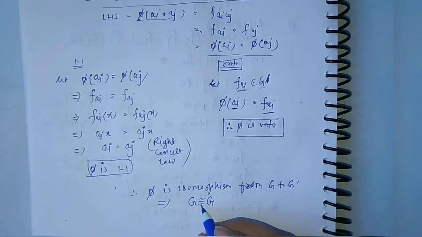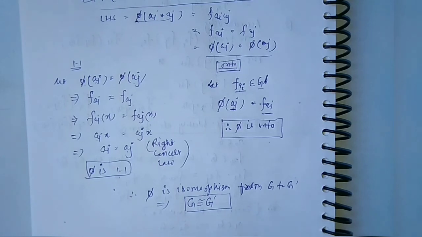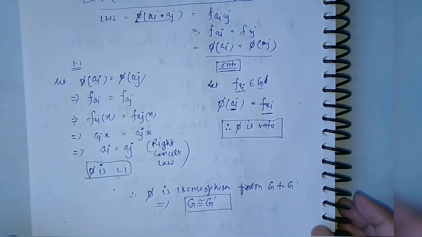This will imply that G is isomorphic to G dash. So our step number 2 has been proved. So our theorem is complete now.